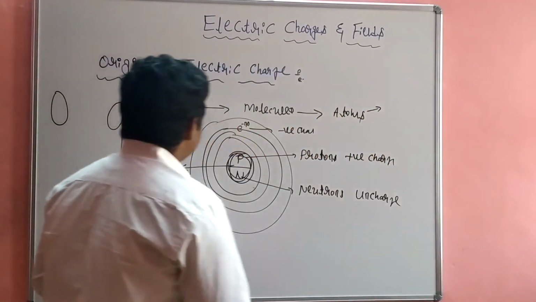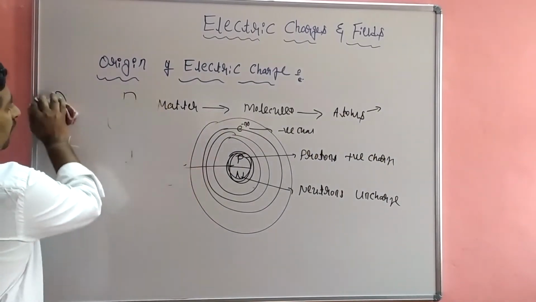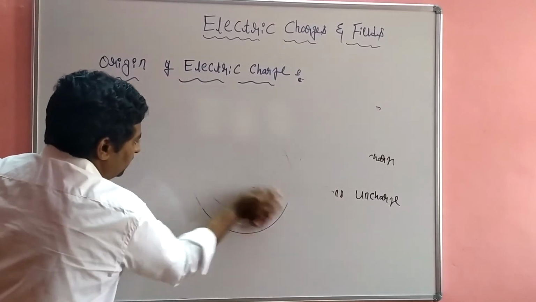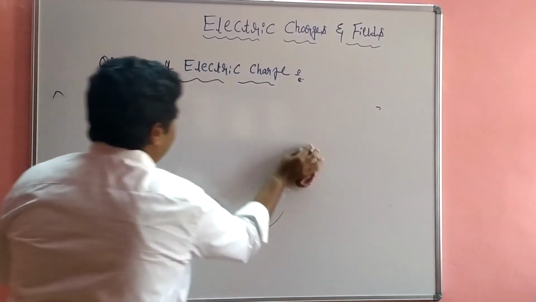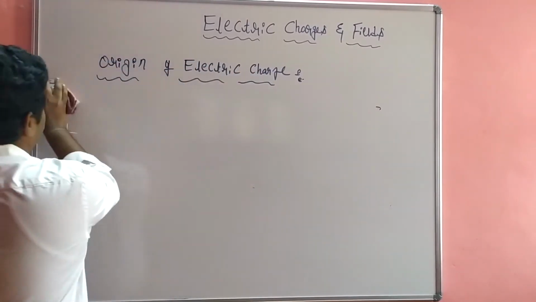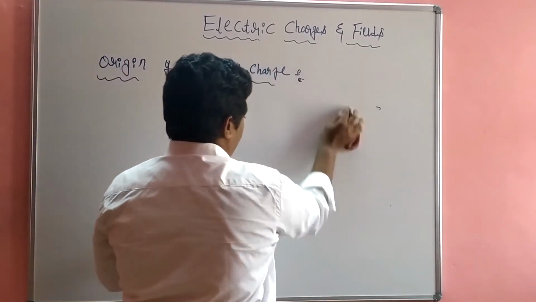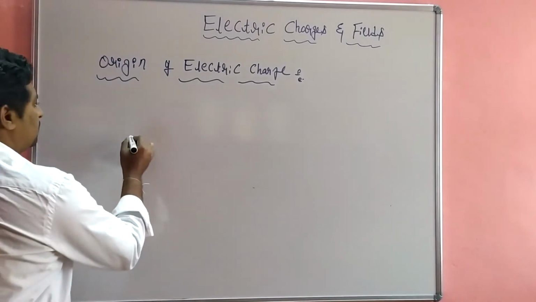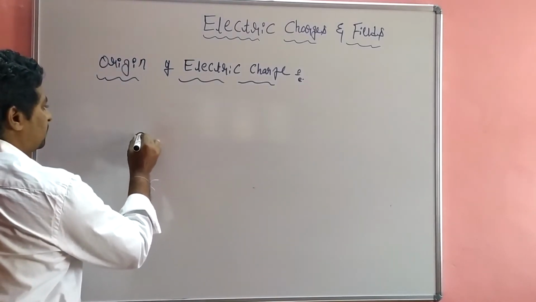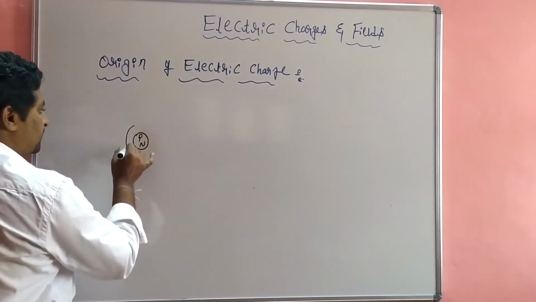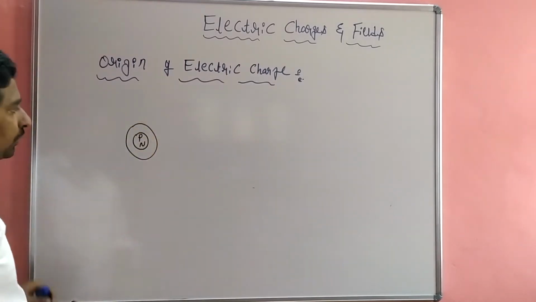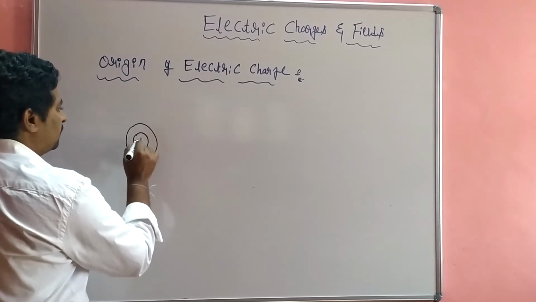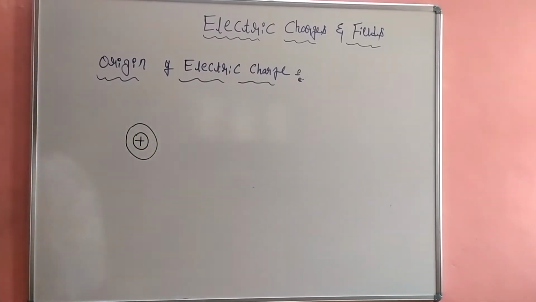So how is a body said to be positive and how is a body said to be negative? Let's take the explanation to better understand the concept. This is the nucleus. This is the first orbit. The nucleus's net charge is positive charge.